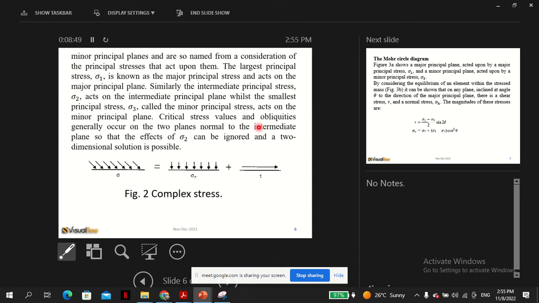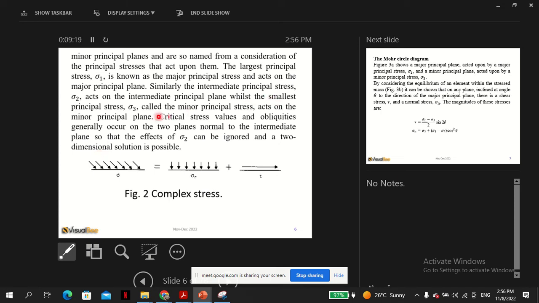So critical stress values and obliquities generally occur on the two planes normal to the intermediate plane, so that the effects of sigma 2 can be ignored and a two-dimensional solution is possible. Basically we ignore sigma 2 and always just use sigma 1 and sigma 3.